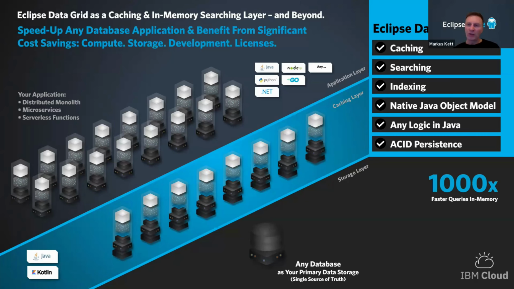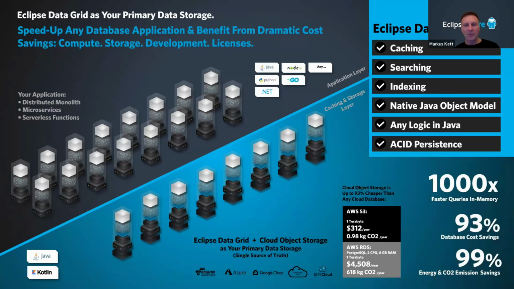And you can store it persistently, ACID compliant on disk. You can still keep your database system, relieve it from all the complexity, and reduce infrastructure and license costs for your database. And if you have trust in our storage solution, you can even skip the database and then your architecture will look like this. Then you will save a lot of infrastructure costs, because in comparison to a database server in the cloud, storage is very cheap.